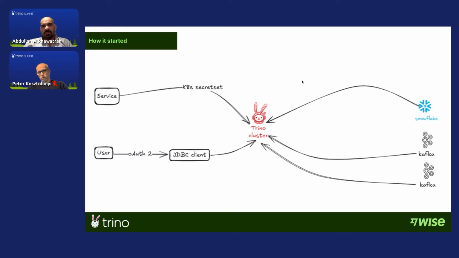So we started experimenting with Trino as a distributed query engine. The initial setup was simply to query data from our different Kafka clusters and to use the existing warehouse mainly for data enrichment. Now, the problem here was the reliance on the compute resources of the Kafka clusters.